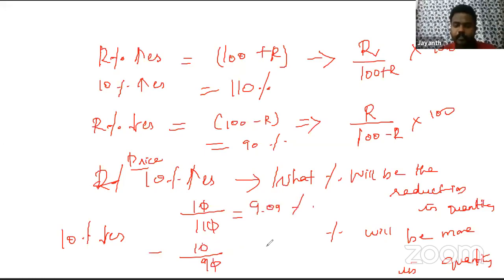And 1 by 9 is 11.11 percent. That's the difference. If the price increases by 10 percentage, the reduction in quantity is 9.09. If it decreases by 10 percentage, the increase in quantity will be 11.11 percentage. Guys, is that clear?